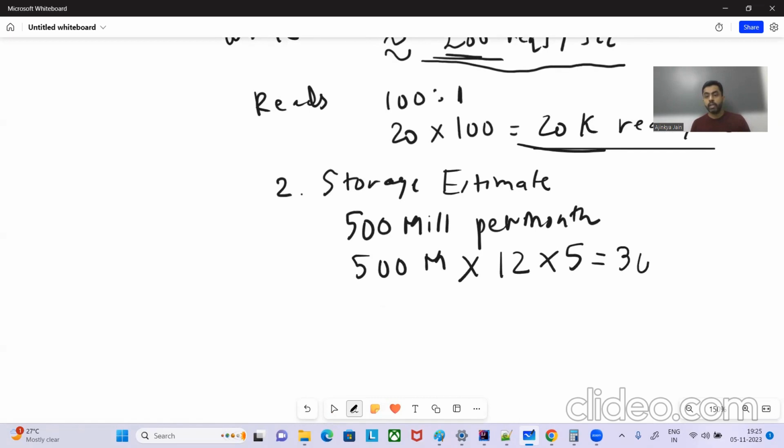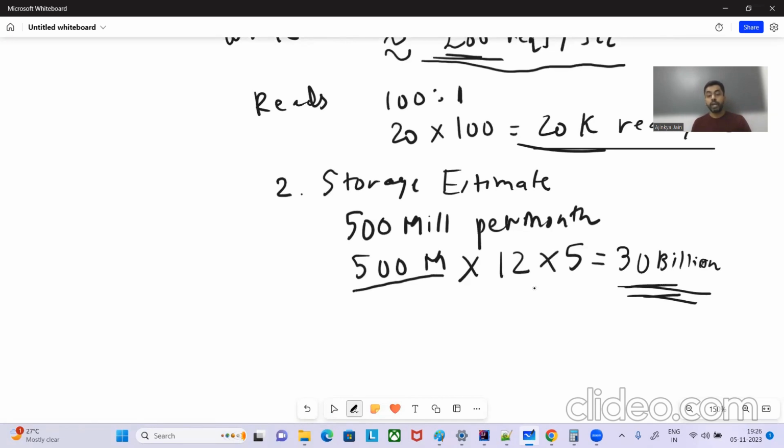It comes around 30 billion. For 5 years our system will need to store 30 billion URL records. If we are getting 500 million each month and storing for 5 years, it will be 30 billion.